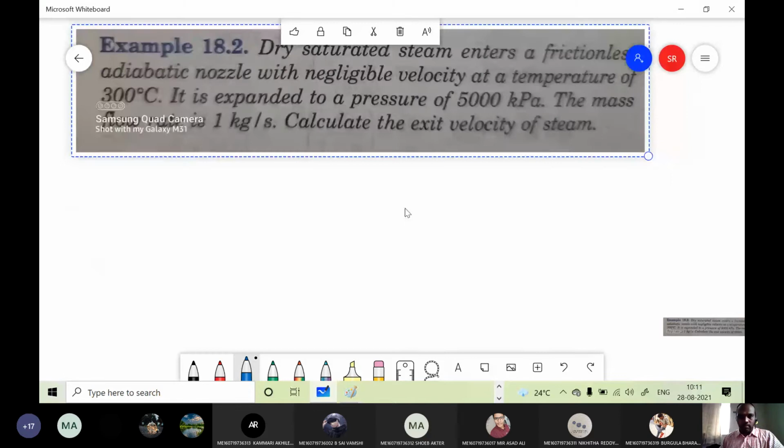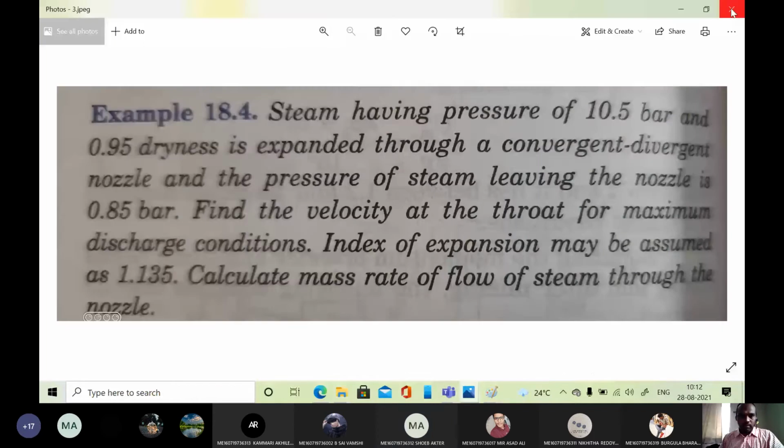Readable? Yes, sir. Some problem is missing. Okay.